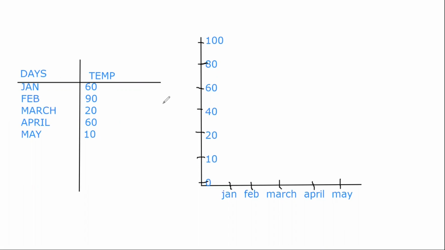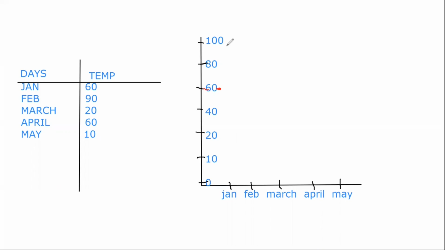I'm going to plot the points that's been shown in the data. So in the month of January, the temperature was 60 degrees. Put here. In the month of February, the temperature was 90 degrees.